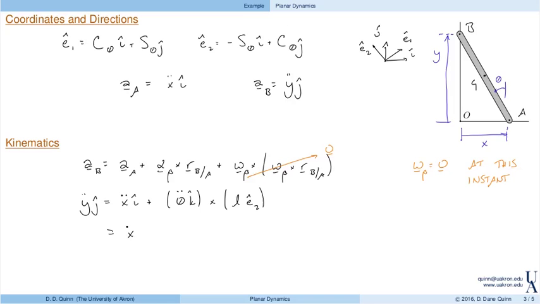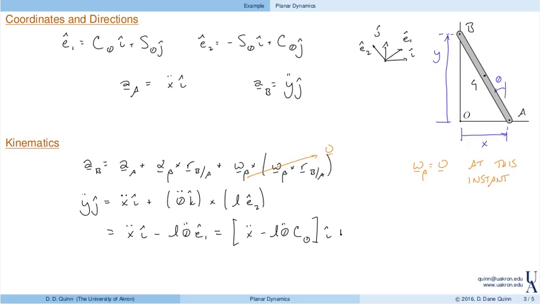As a result, the right-hand side becomes x double dot in the I direction. K cross E2 was minus E1, so we have minus L theta double dot in the E1 direction. Or, making use of our expression for E1, we see that in the I direction, the acceleration is x double dot minus L theta double dot cosine of theta.